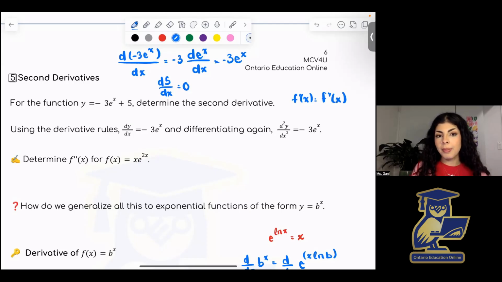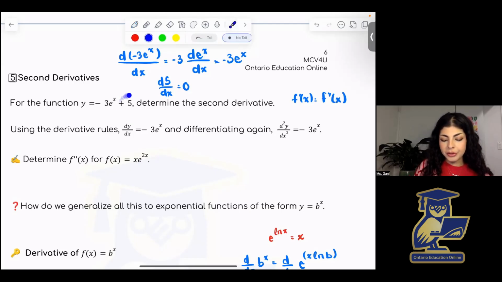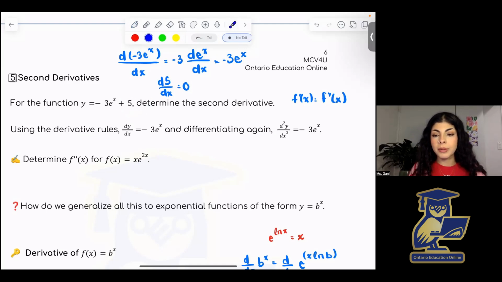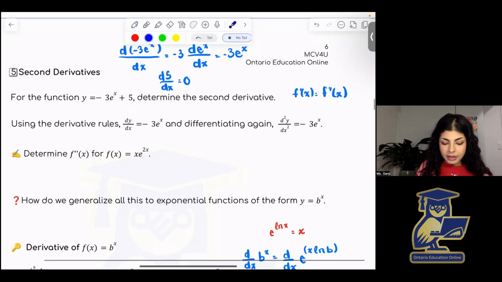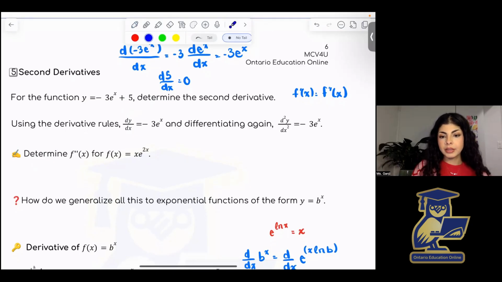This doesn't always happen, especially if you have other terms that are being added here. So if you have, for example, plus 2x or x squared there, I hope you can see that your derivatives will be different. And now here, I want you to try finding the second derivative for this function.